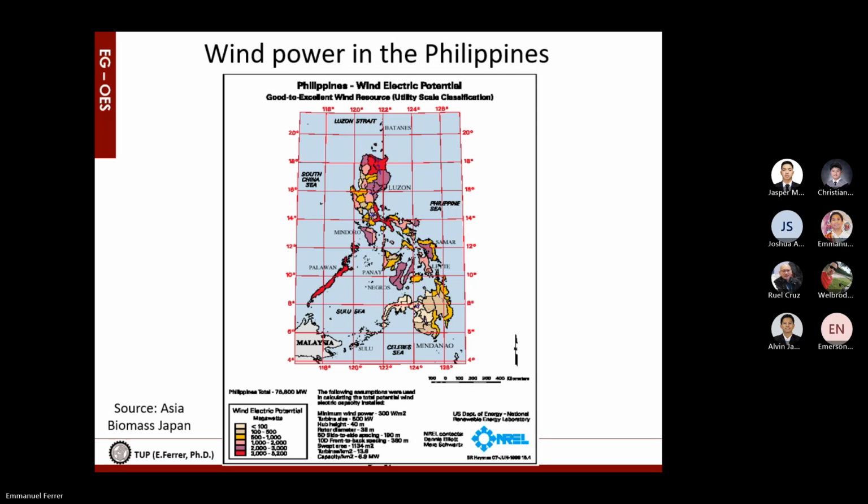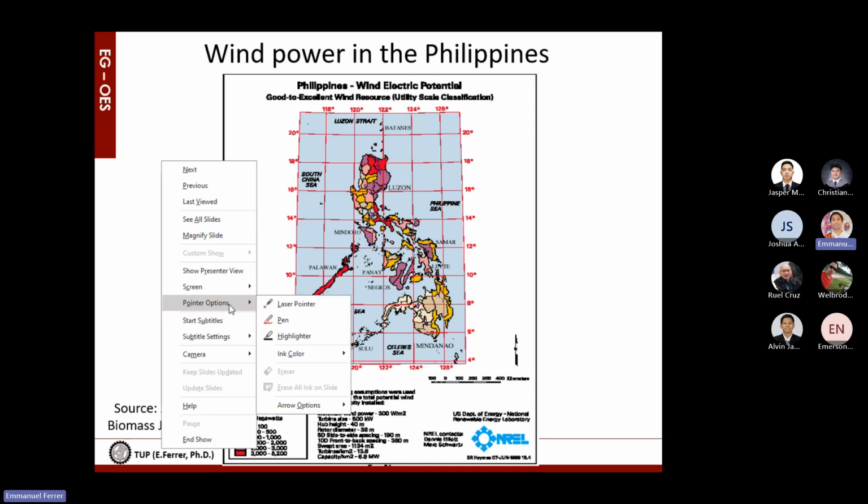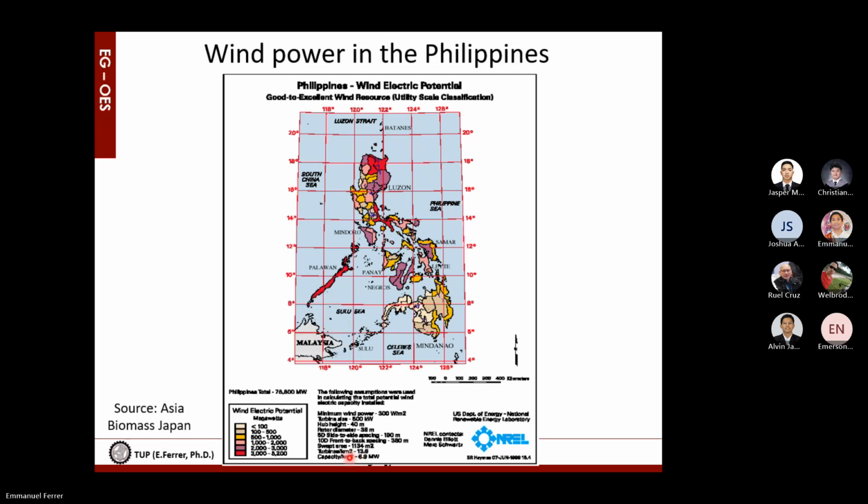Imagine, no. Then the minimum wind power ay 300 watts per meter square. Dito ang turbine size, maliit nga lang to, 500 kilowatt lang ang nakalagay. Baka maliliit lang na turbine to, no.